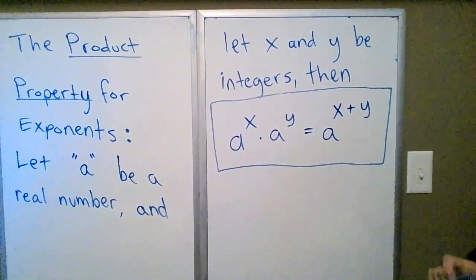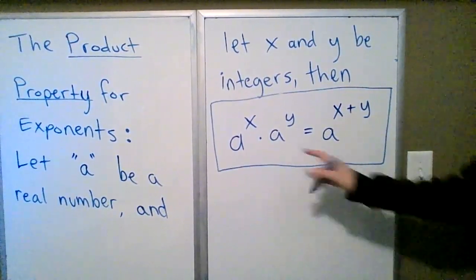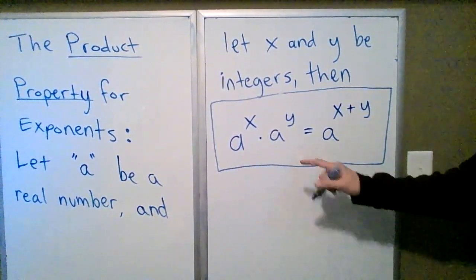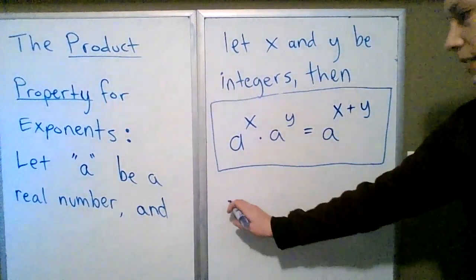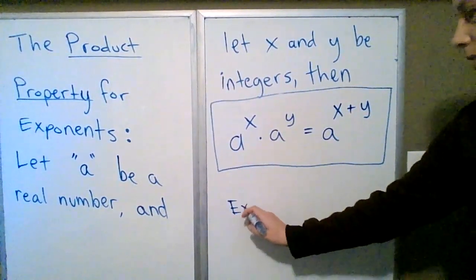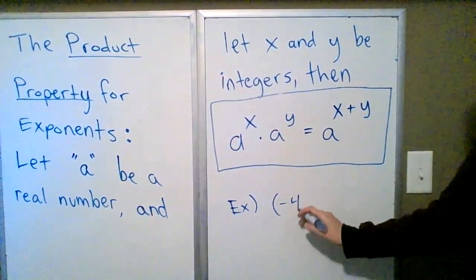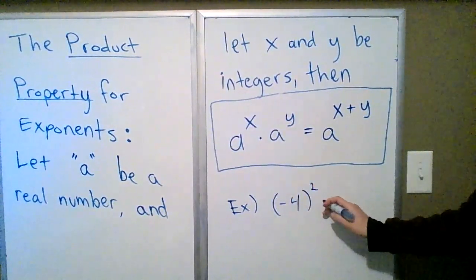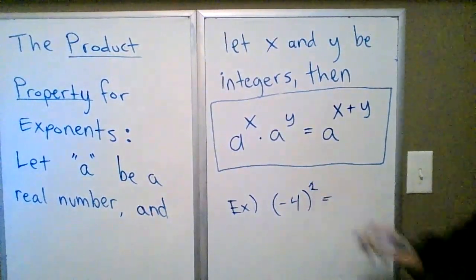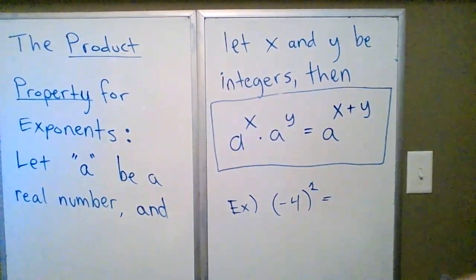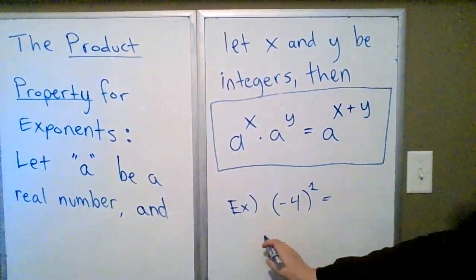Okay, I have a few examples. The first one, it doesn't require this property. It just works with some negative signs. If you have (-4) squared, multiply -4 with -4 and get +16.